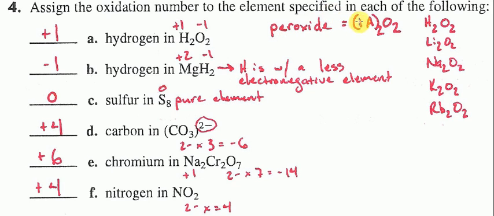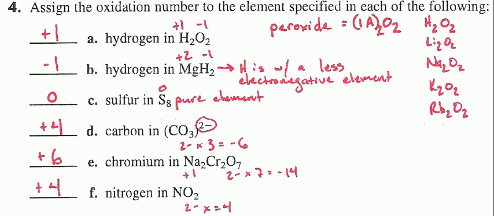So what we're actually saying here is we always have an O2, but it's bonded to a main group 1 element, 1A. There are 2 of the main group elements and 2 of the oxygens.